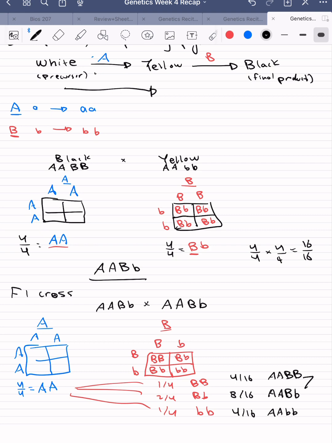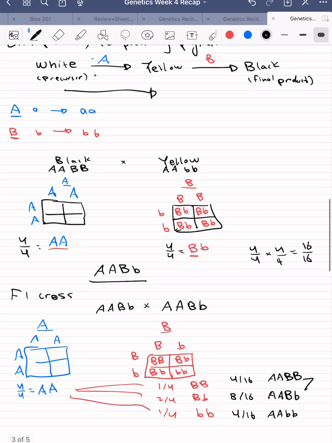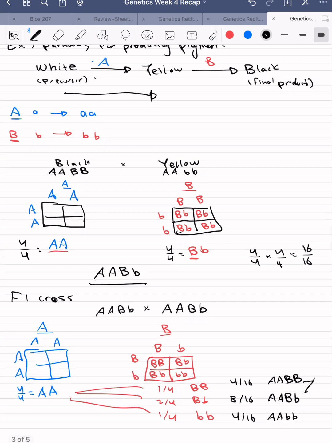So these right here code for working enzymes, which can convert the yellow into the black. So these will have the black phenotype. These individuals have a defect in the enzyme B, and they have both of the defective alleles, which means they cannot convert yellow to black. So these individuals will turn out yellow.